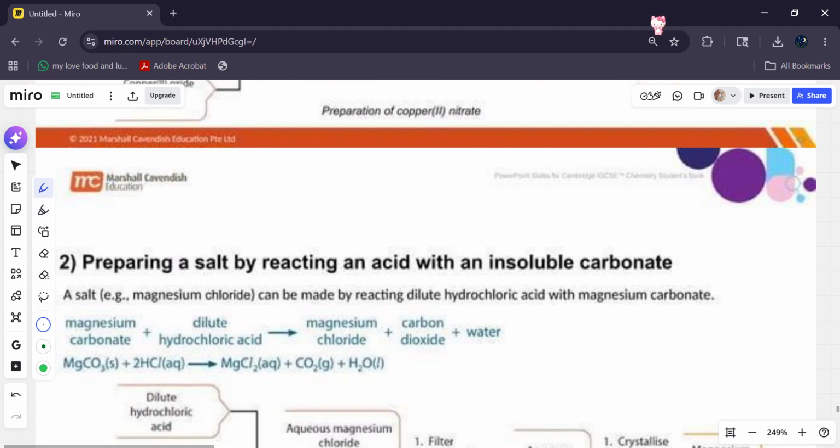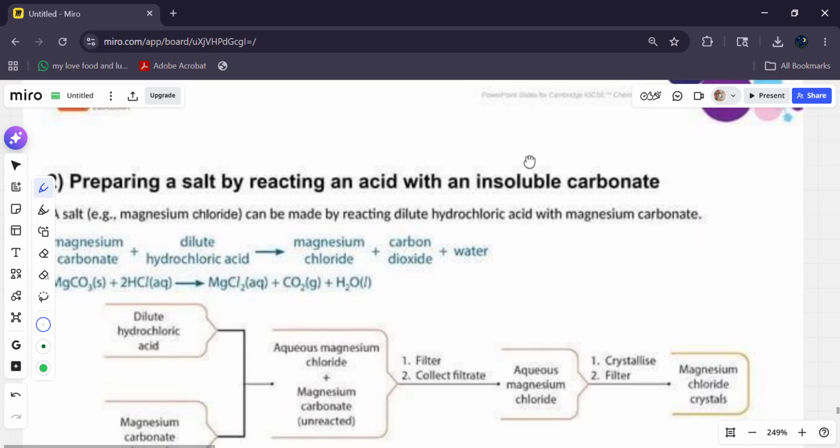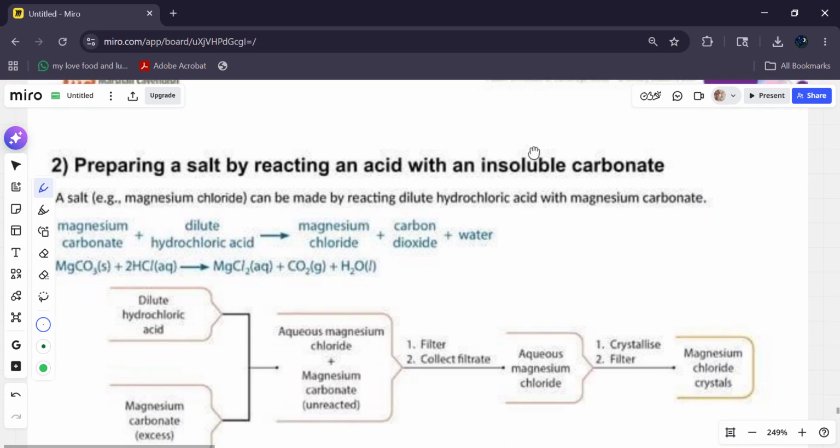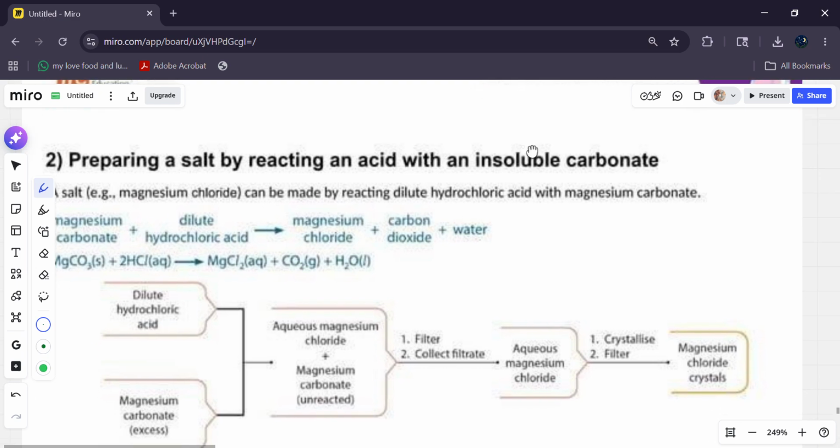And now we have preparing salts by reacting with an insoluble carbonate. Here in this diagram, you use dilute hydrochloric acid and mix it with magnesium carbonate powder.